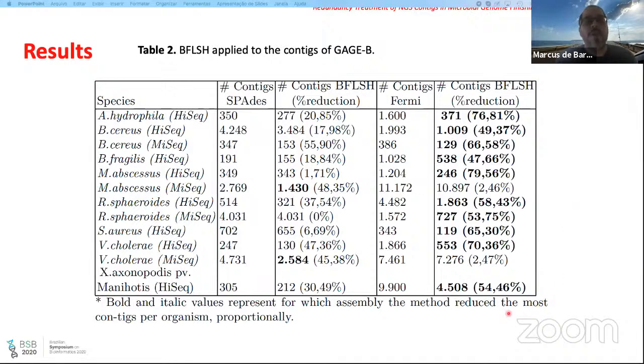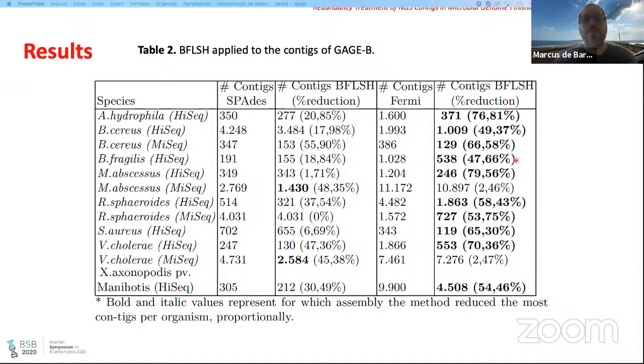First, we show here the percent reduction for SPAdes data, and then for Fermi data. Then we have here in bold the 2 values of best performance of reduction of redundant contigs, in SPAdes data, and here for Fermi data.